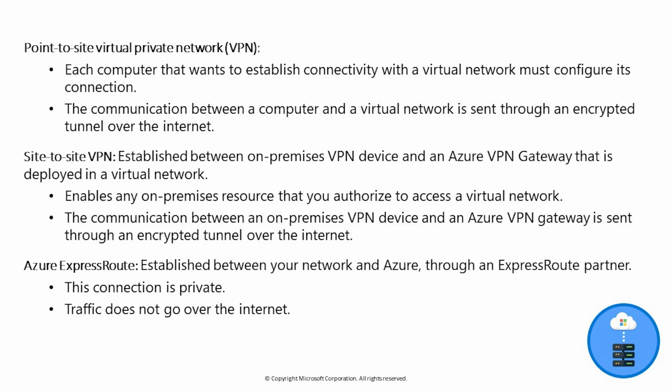You can't use the same gateway for site to site and ExpressRoute. But yes, the same gateway can be used for point to site and for site to site. That way you can save some cost. But as far as ExpressRoute is concerned, it requires its own dedicated gateway.